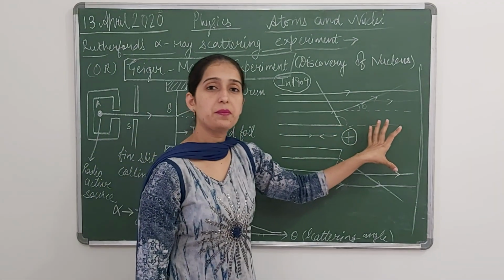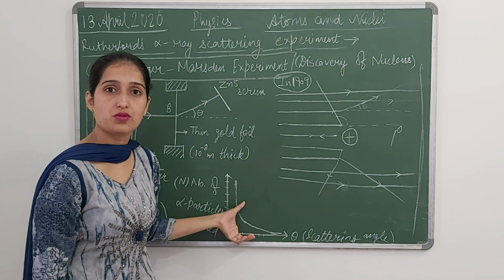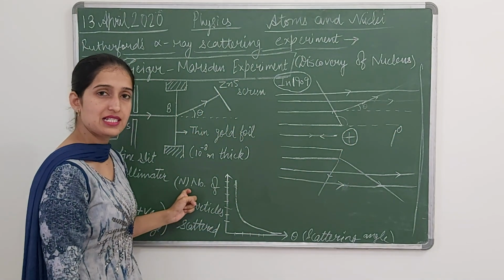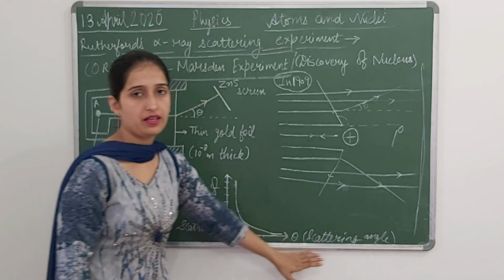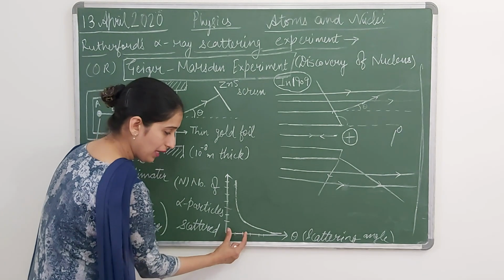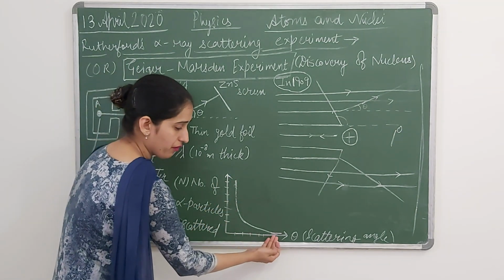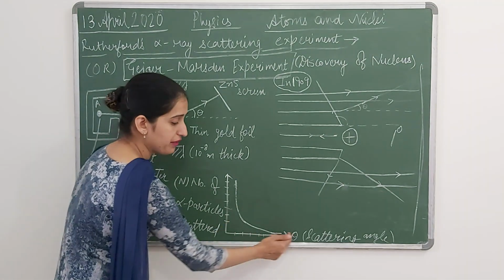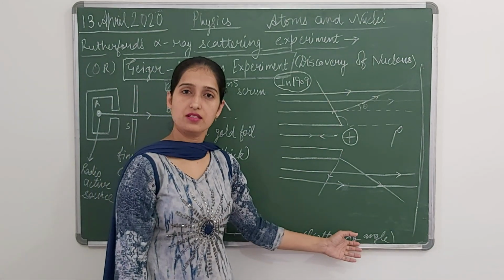This diagram is representing the observations, and this one is the conclusion. Number of particles scattering, and here we have the scattering angle. So for small angles we have more number of particles, and for high angles we have very few. This thing we have already discussed here.